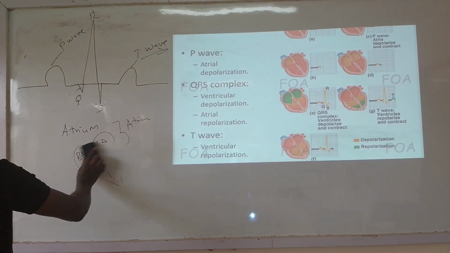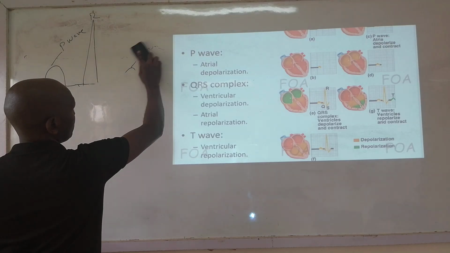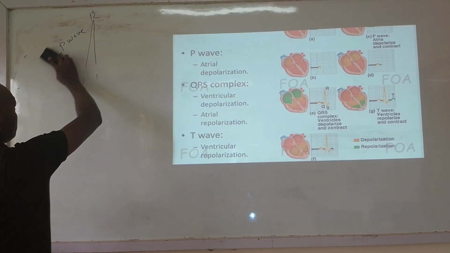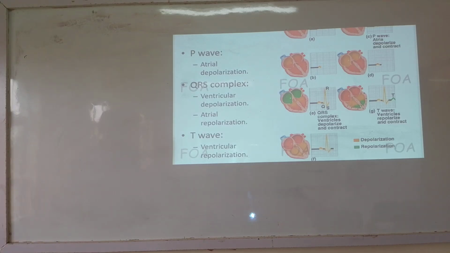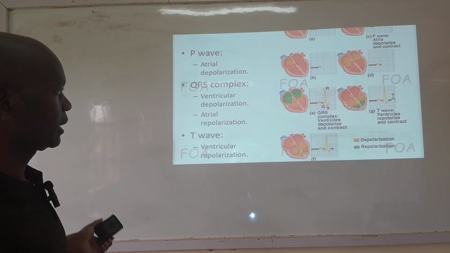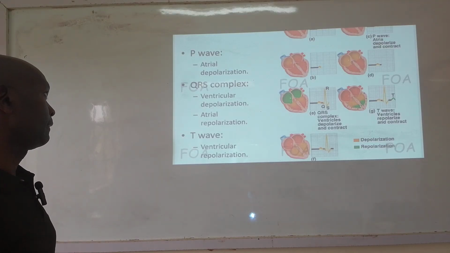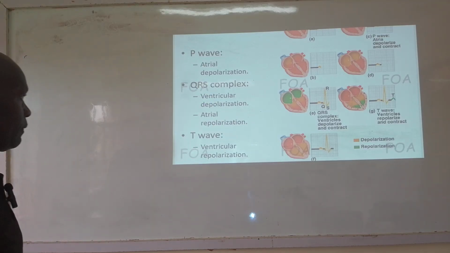So this is a continuation to explain what we have already talked about. The P wave for atrial depolarization, QRS for ventricular depolarization. There's usually also an atrial repolarization, but it's not picked up on the ECG because it's usually masked by the QRS waves.